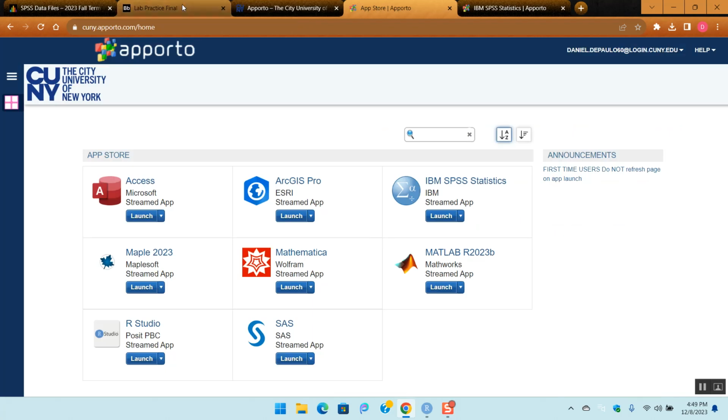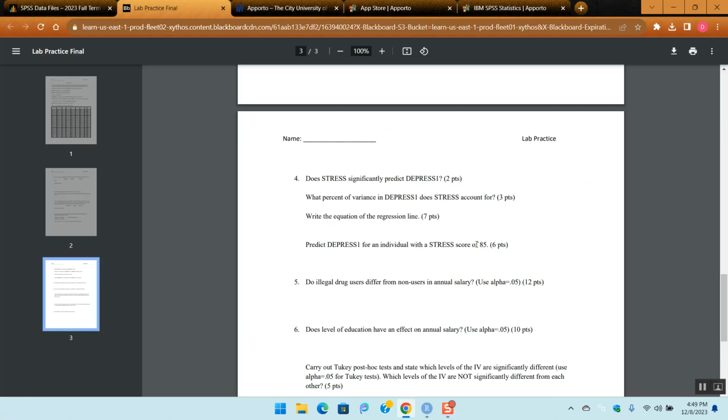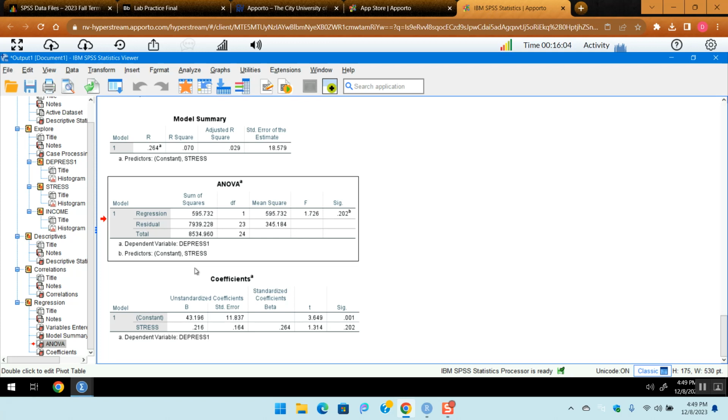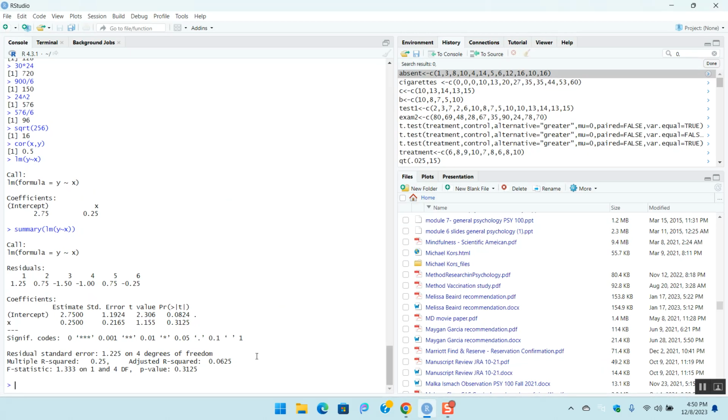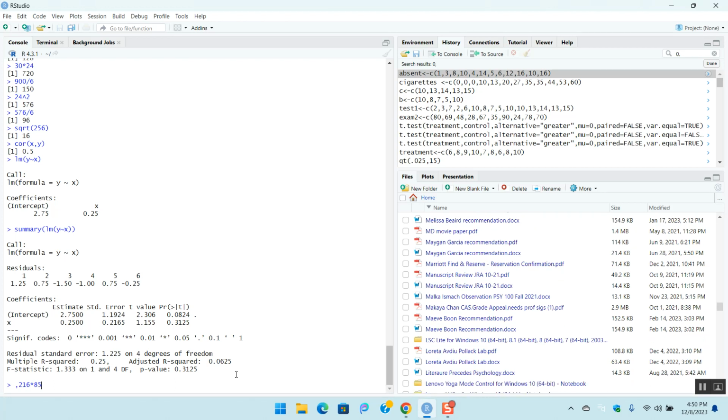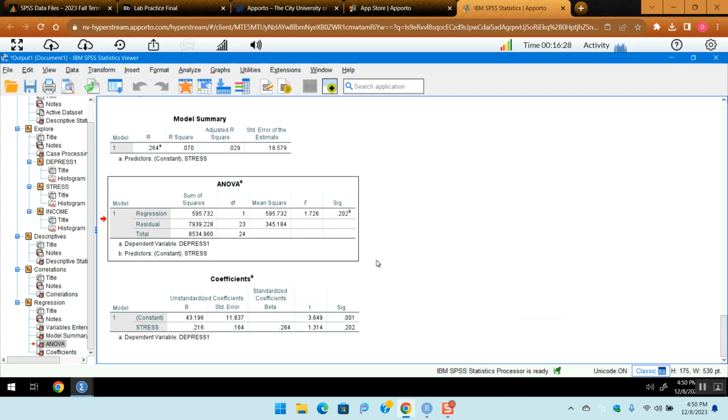Let's see what else. What else is that question asking? Predict for a stress score of 85. So to predict for 85, all you're going to do is plug in 85 for x. So it's going to be 0.216 times 85, plus the y-intercept, 43.196.